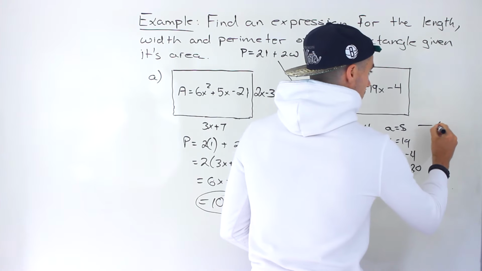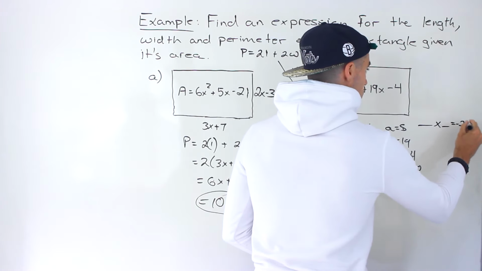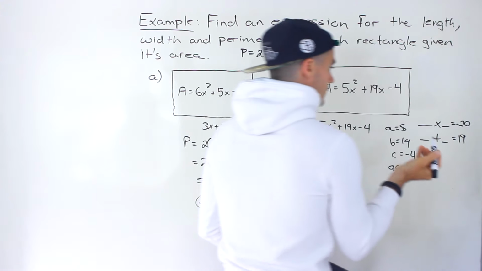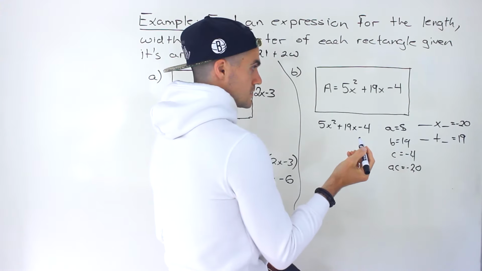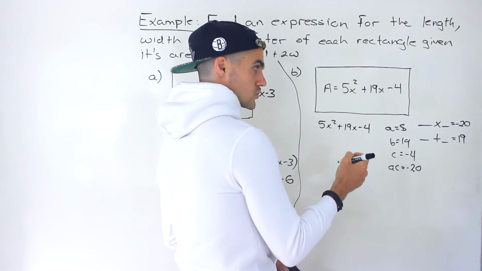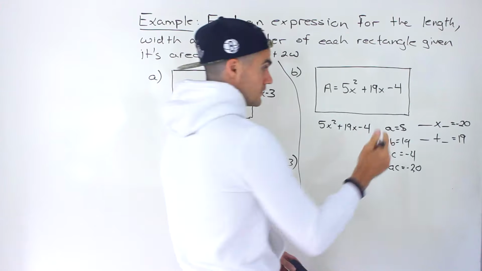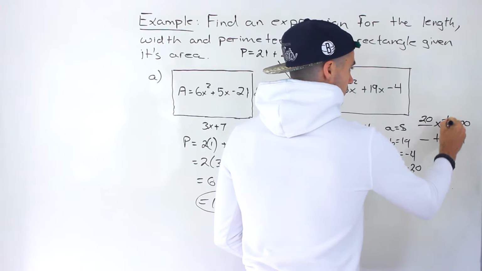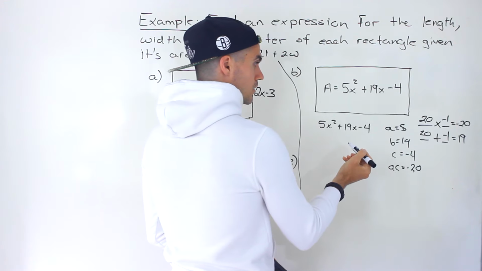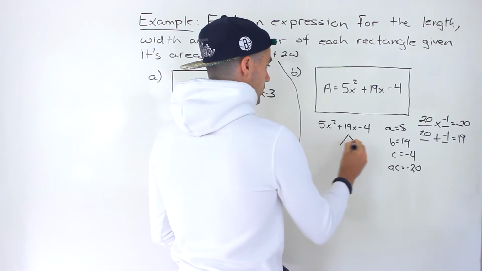So what we've got to do is find two numbers that multiply to negative 20 and add up to that B value of 19. So this one's easier than the first one. To find those two numbers, it would be what, 20 and negative 1? That works. So what we would do then, decompose this.